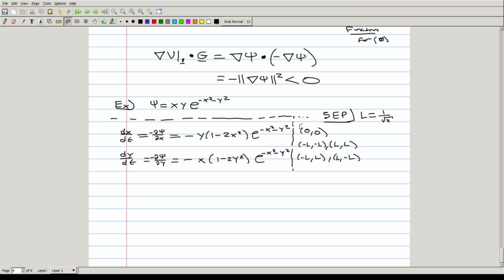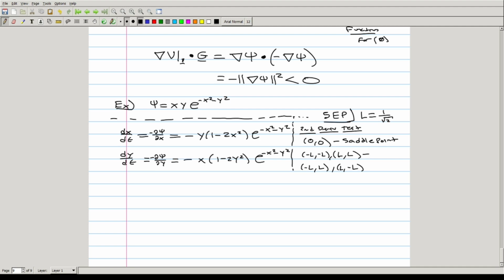Not only that, but using the second derivative test from multivariable calculus gives you a classification for each one of these points. (0, 0) ends up classifying as a saddle point of the function psi.